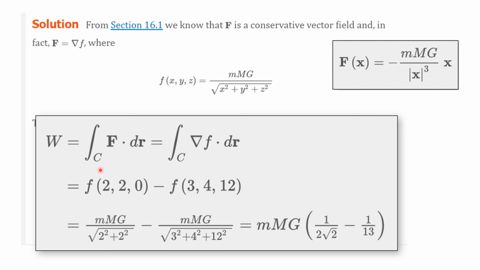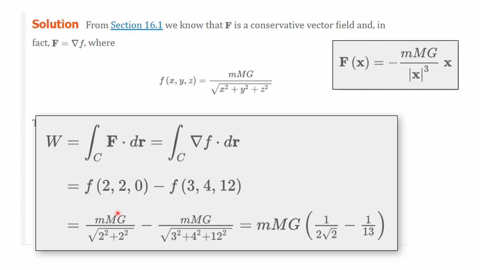The work done is the integral over C of F dotted with dr, because that was the definition of work along a curve. And this F is actually the gradient of this f. That means it's a potential function. That means it is conservative.